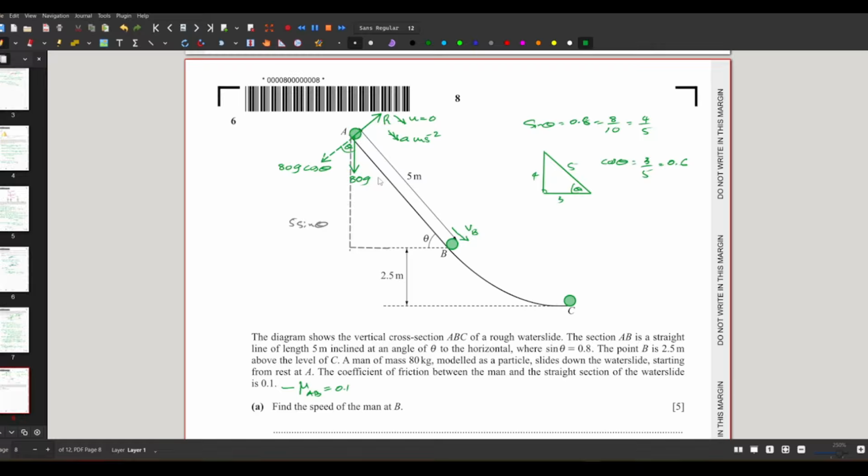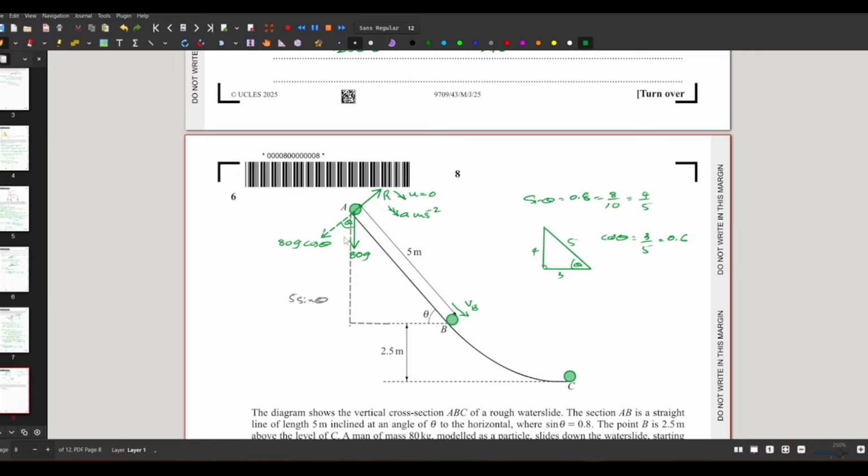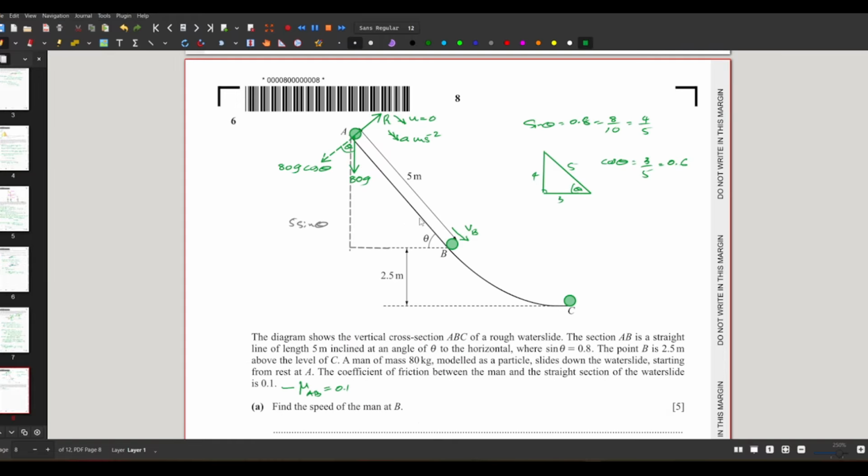If you calculate the acceleration, you know the initial velocity, and so you can find final velocity using v square equals u square plus 2as. So first, let's find out the acceleration. But for the acceleration, we should know the friction because they say that AB section is rough.